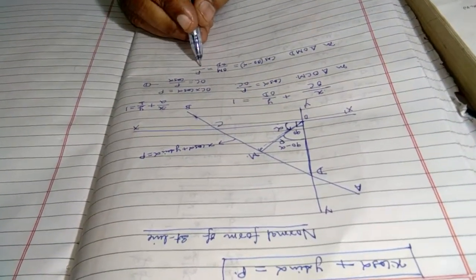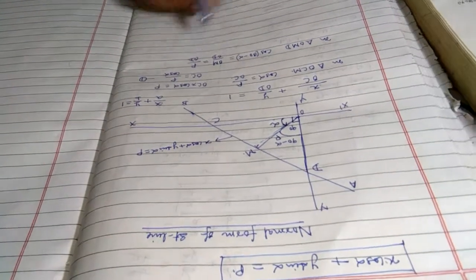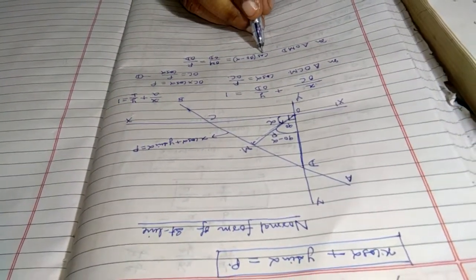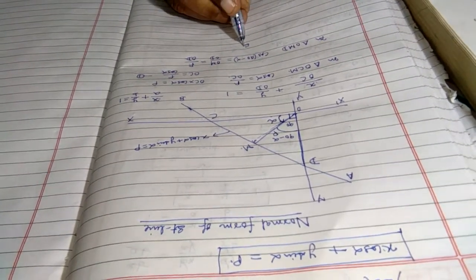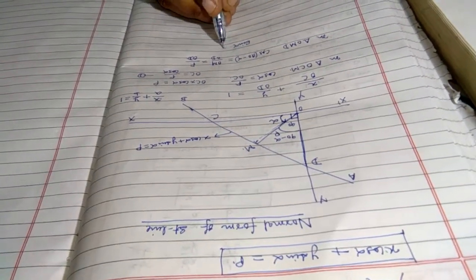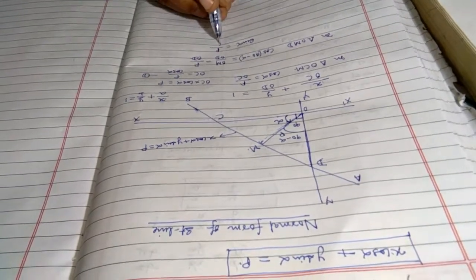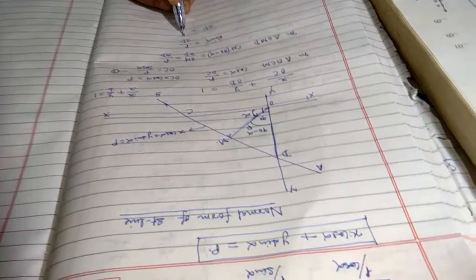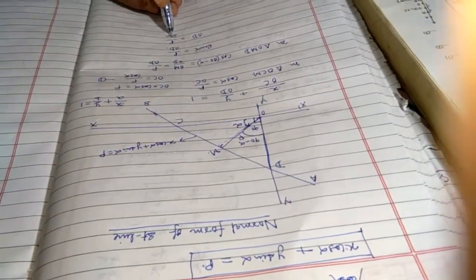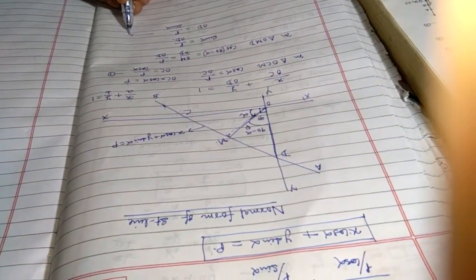It is given, and OD is the y-intercept. As we know that cos 90 degree minus theta is equal to sin theta, so it becomes sin alpha is equal to P by OD. Now OD is equal to P divided by sin alpha. It is taken as equation number 2.